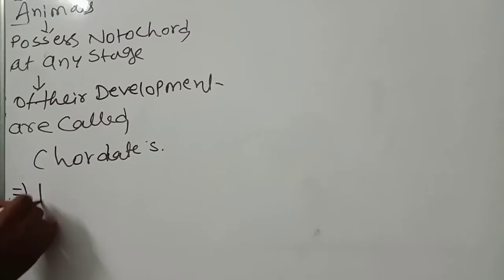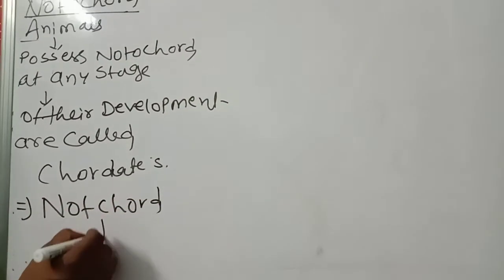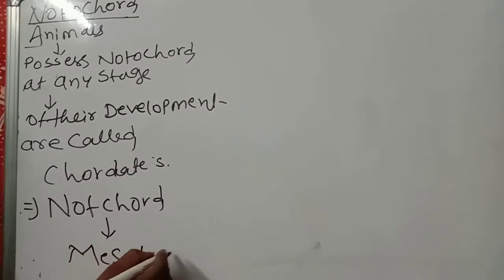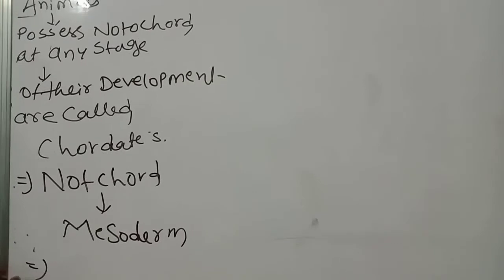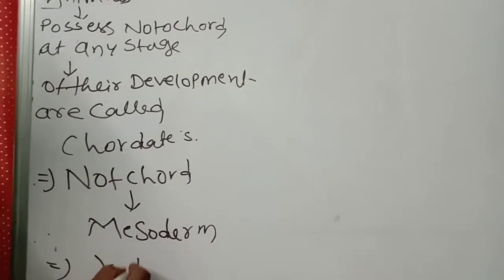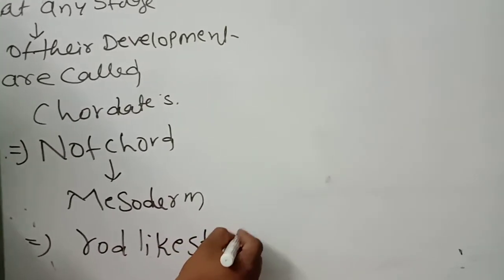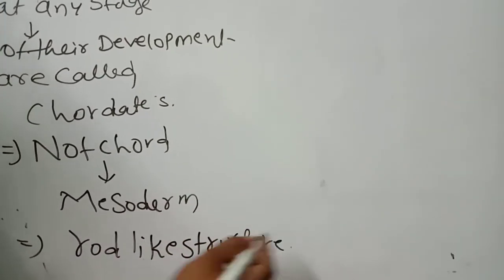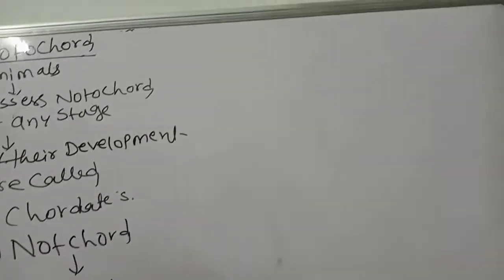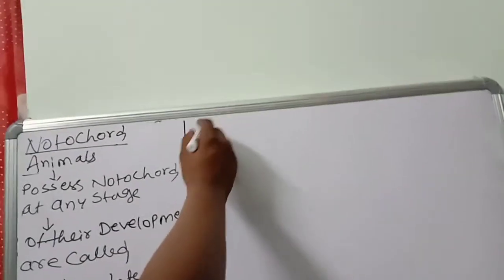From which part is the notochord forming? From the mesoderm germ layer, and it is a rod-like structure.